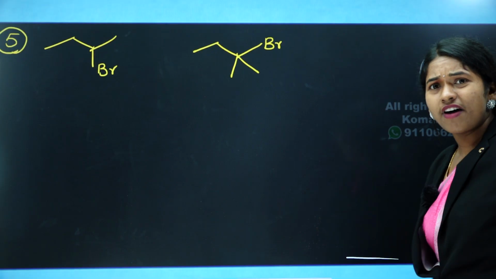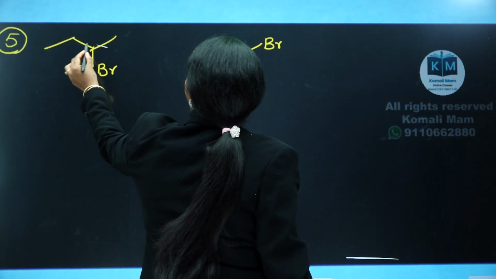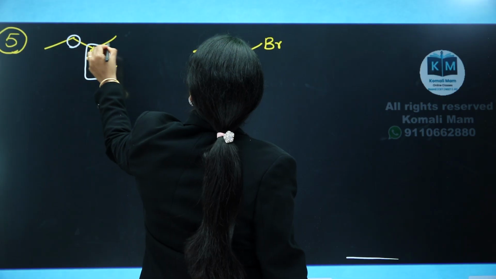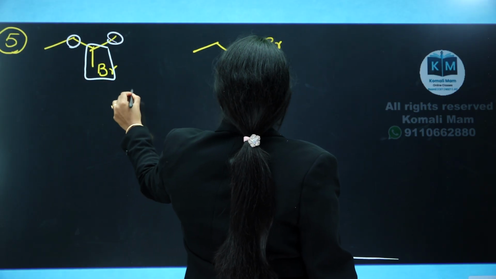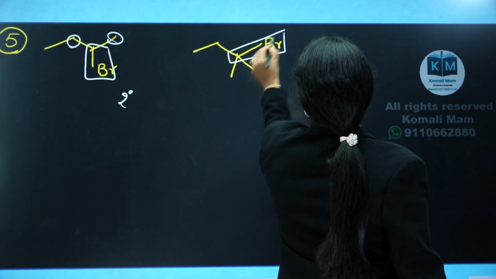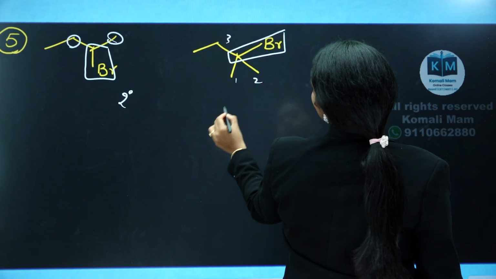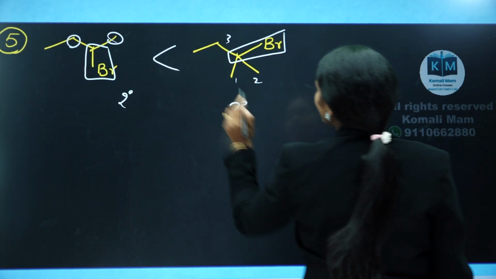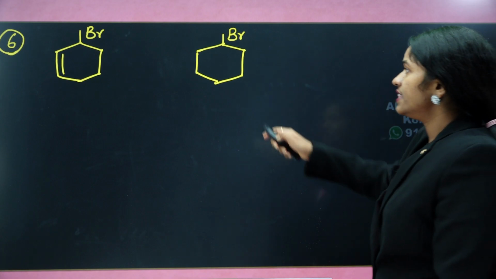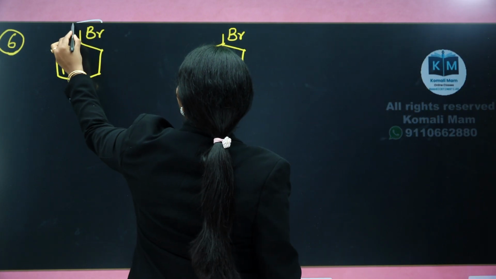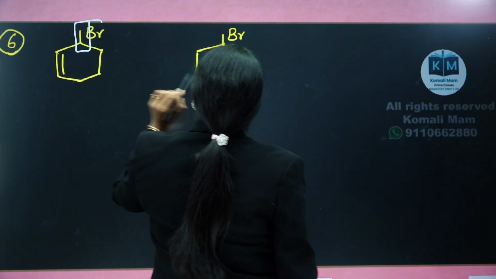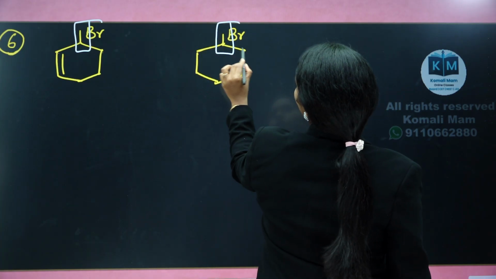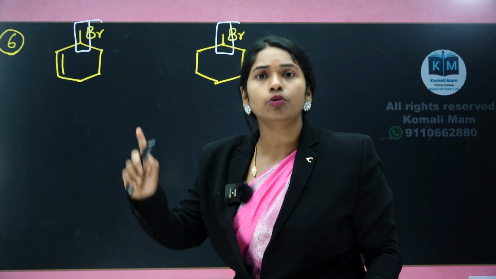See how fast you are doing. Halogen connected carbon 1, 2, secondary. Halogen connected carbon 1, 2, 3, so it is tertiary, which is faster. Second one. See the next one. Halogen connected carbon connected with 1, 2. Halogen connected carbon 1, 2. Both are secondary. Then how to solve the question?